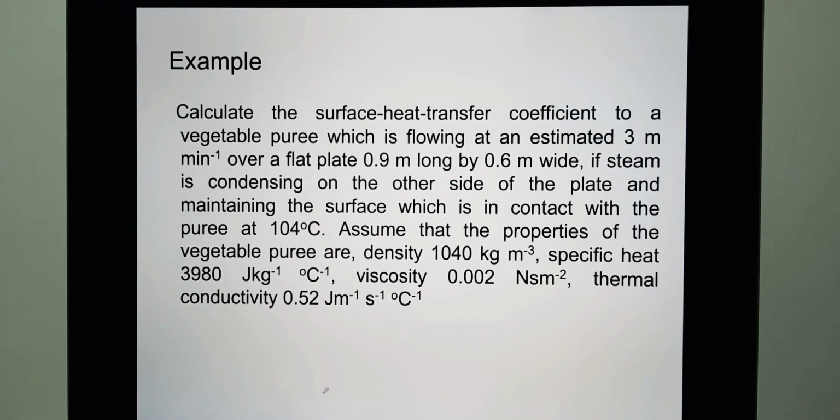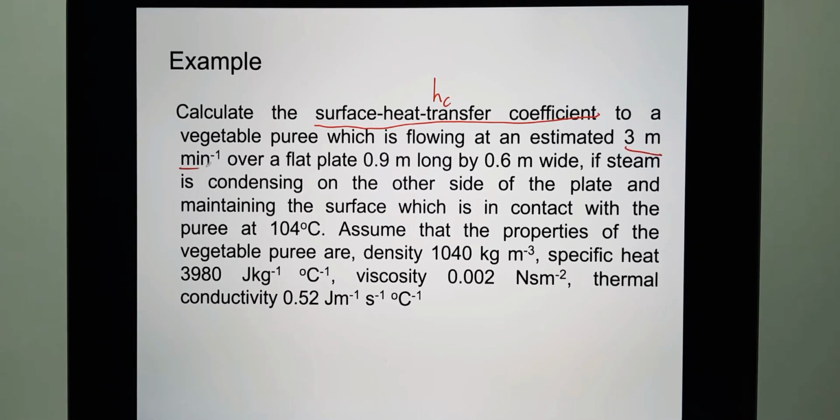Alright, so now let's move on to the next example. Calculate the surface heat transfer coefficient. So again, this is your task. The first statement is your task: you need to calculate the value of HC. Calculate the surface heat transfer coefficient to a vegetable puree which is flowing at an estimated 3 meter per minute. This is just to trick you.